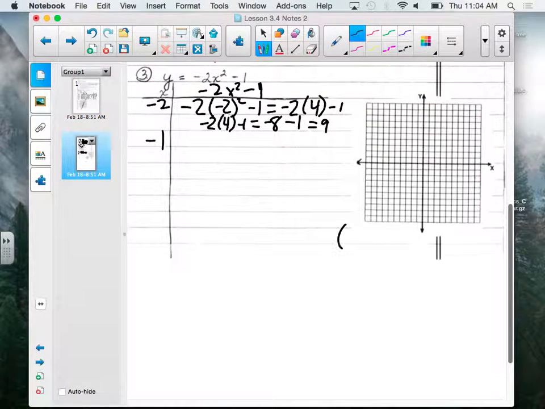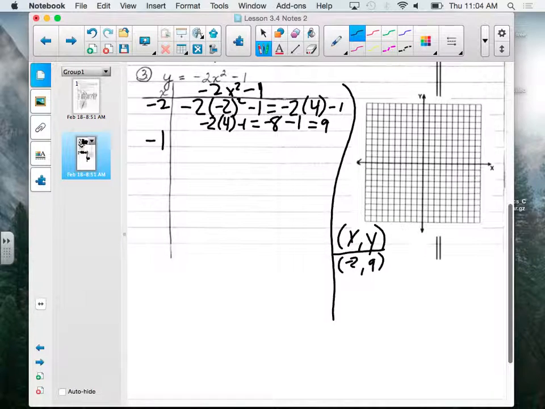Now, I ran out of space for my ordered pair section, but you guys have your basic table, so you know it goes right after it, right? So our first one is negative 2, 9. Why is it positive? Because when you take a negative one, it's... Oh, but we're not doing that, we're subtracting, and I messed up, so it is negative 9.